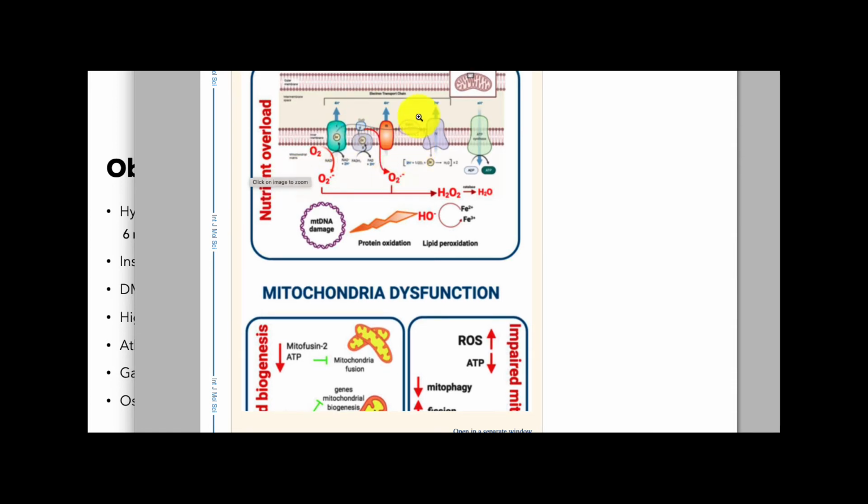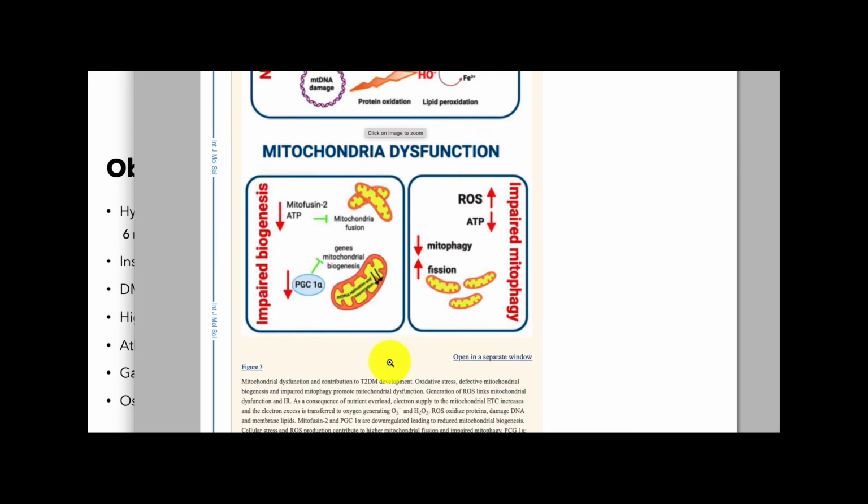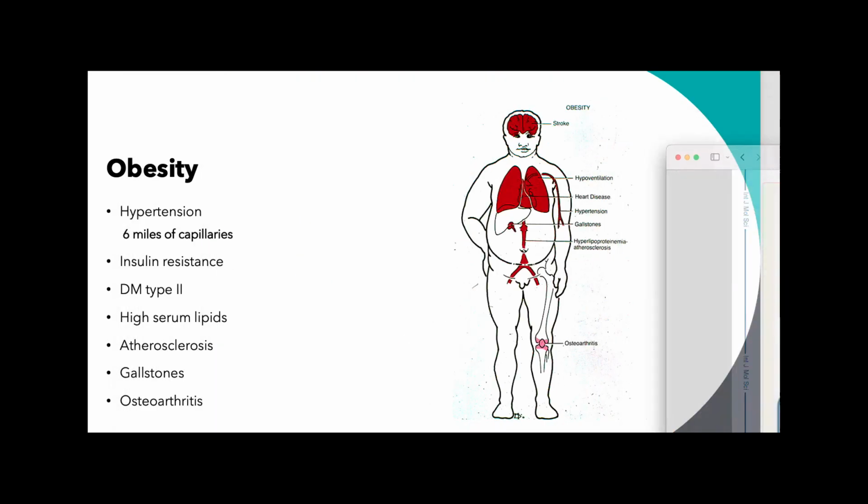Then we'll have a massive surge of fatty acids that come into the cell, and they'll get processed in the mitochondria. And then when that stops working, we'll get a massive surge in amino acids that come into the mitochondria, because we'll get into a ketogenic state. All of these things will cause damage to the mitochondria. And here shows you how the mitochondria undergoes dysfunction. So this is going to be your project for your final exam.